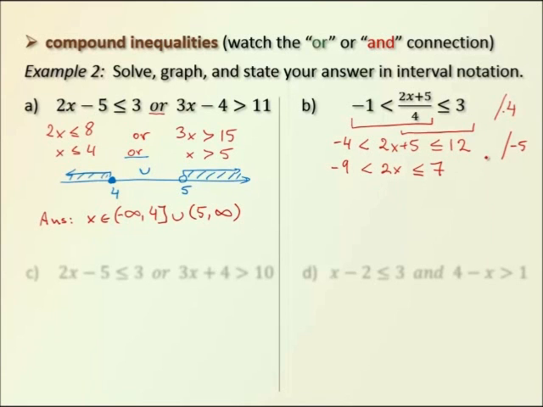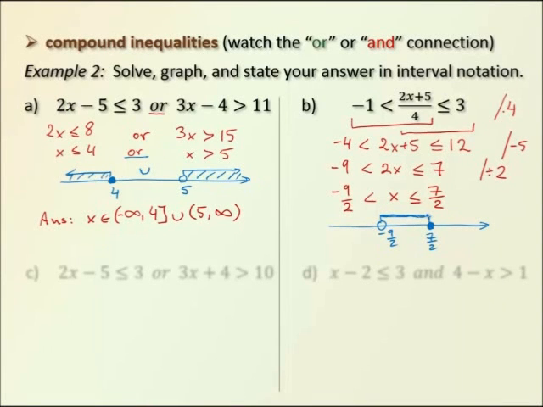Finally, we need to divide by 2. So let's divide by 2. So it's -9 halves, x, and 7 halves. We can see that the solution set, when marked on the number line, will have the point -9 halves and that one 7 halves. The x must be larger than -9 halves, but at the same time smaller than 7 halves.